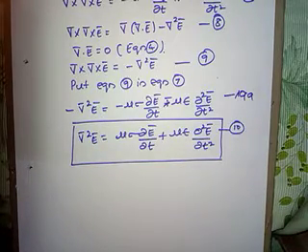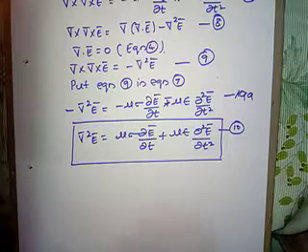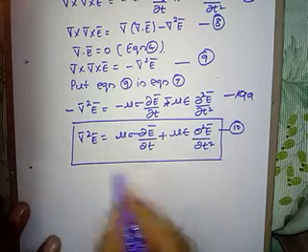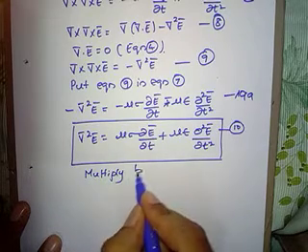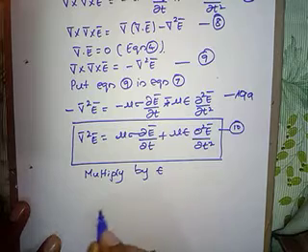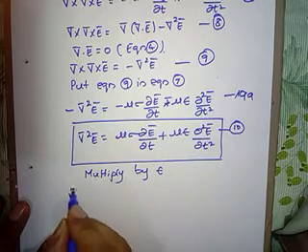Similarly, now what we have to do is multiply both sides of the equation by epsilon. So if you multiply by epsilon, what we get?